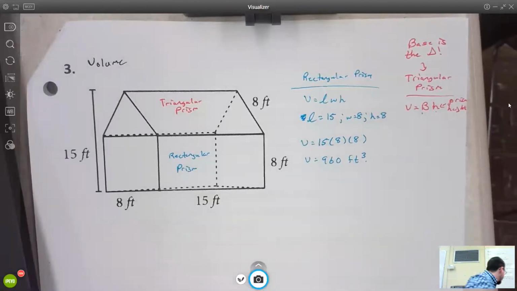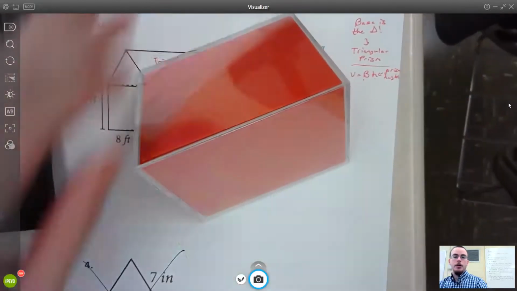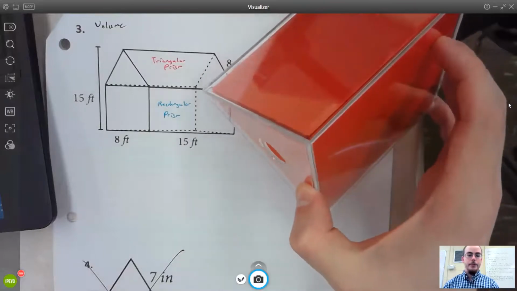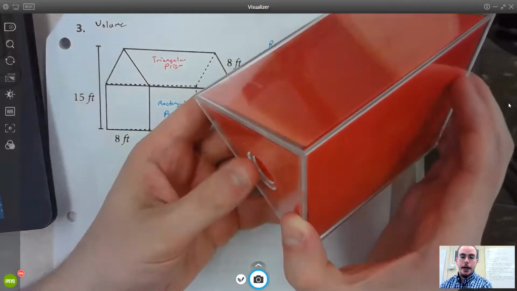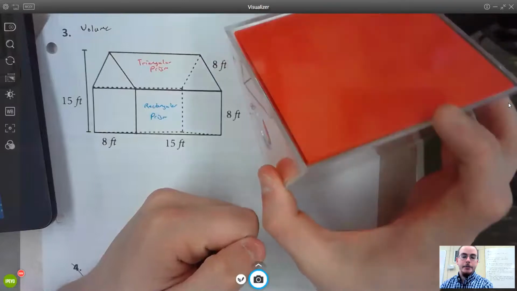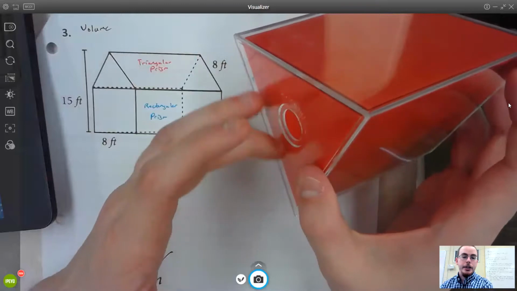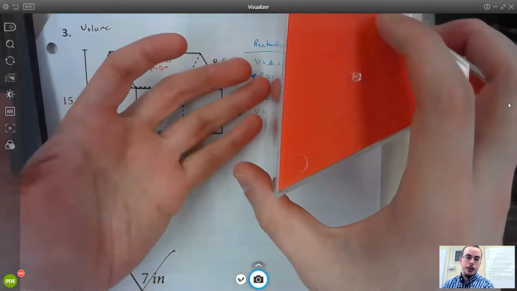I'll show you with these little figures here. If I have a figure like this, and I set it kind of like that, you'll just have to imagine. Now, the bases are these triangles here, right? So if I have it sitting like this, it's not on its base yet, okay? So any of these sides cannot be my height, because as soon as I turn it, those are going to be facing on the ground.